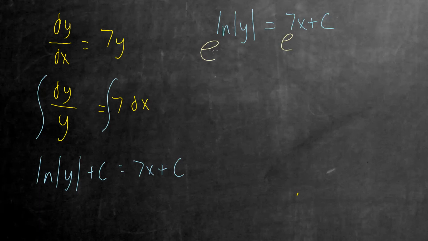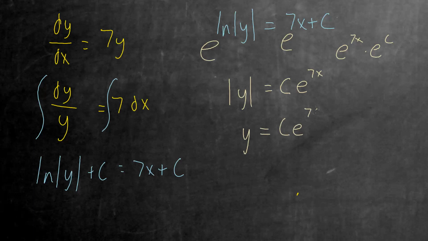This is convenient. E to the natural log of anything is just the anything. Now, again, this is e to the 7x times e to the c. E to the c is just c e to the 7x. And again, because it's e to anything, it's always going to be positive, so we lose the absolute value, and we call it good.